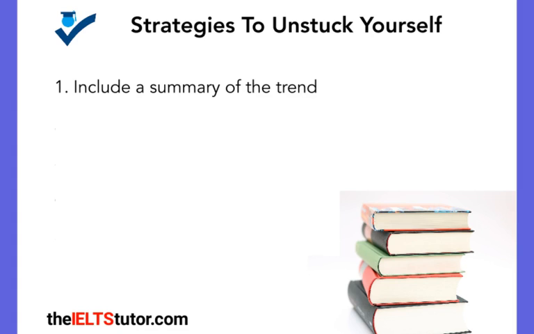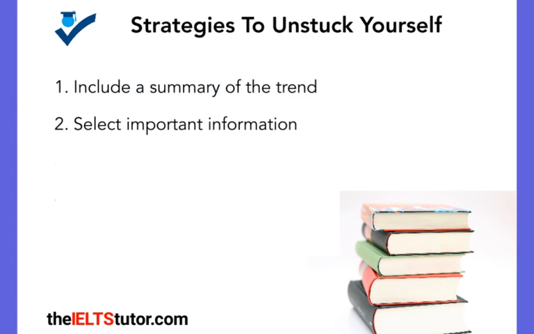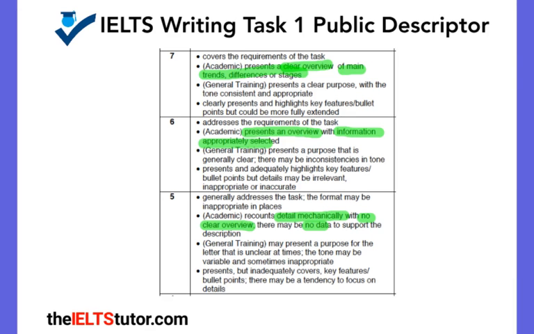Okay, so make sure that you try to include a summary. Doesn't matter where, it could be at the end, it could be at the beginning, but make sure that there is one in your writing. Also, make sure that you choose your information carefully. Like I said, avoid the temptation of writing about every single piece of information out there that's given to you, because otherwise you'll end up recounting detail mechanically.